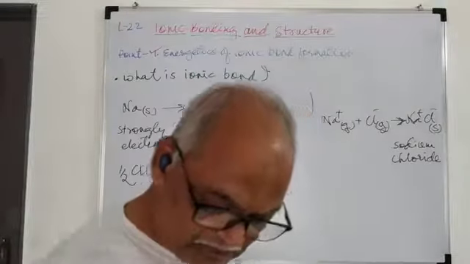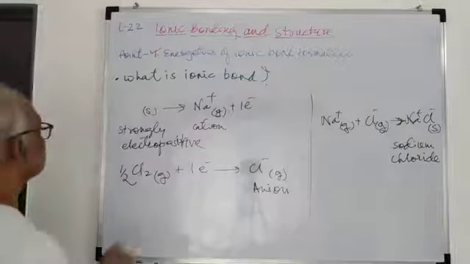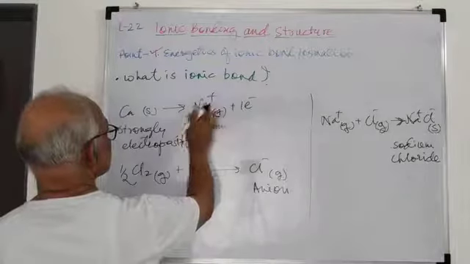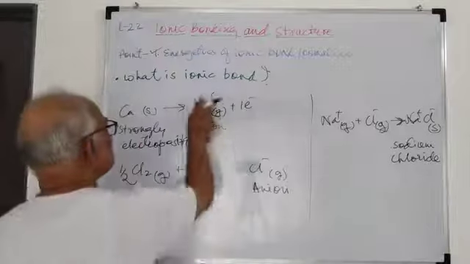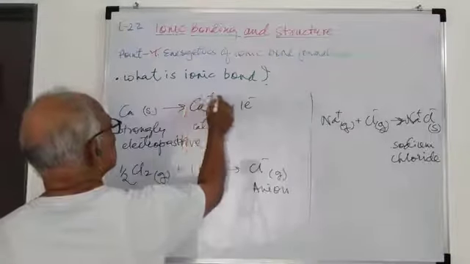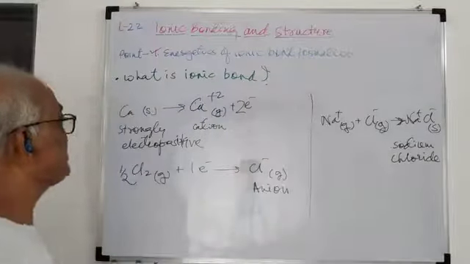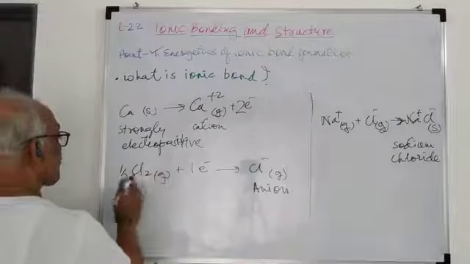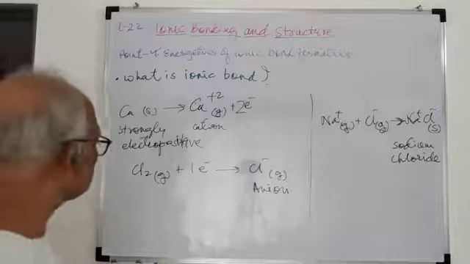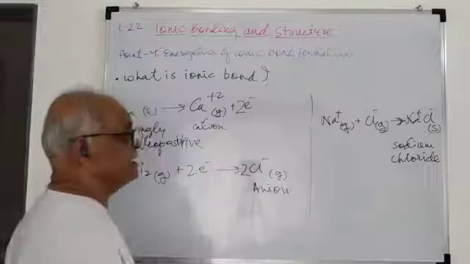We can use other solids such as calcium. Calcium is converted into Ca2 plus with the loss of 2 electrons. Similarly, Cl2 plus 2 electrons gives twice Cl minus.